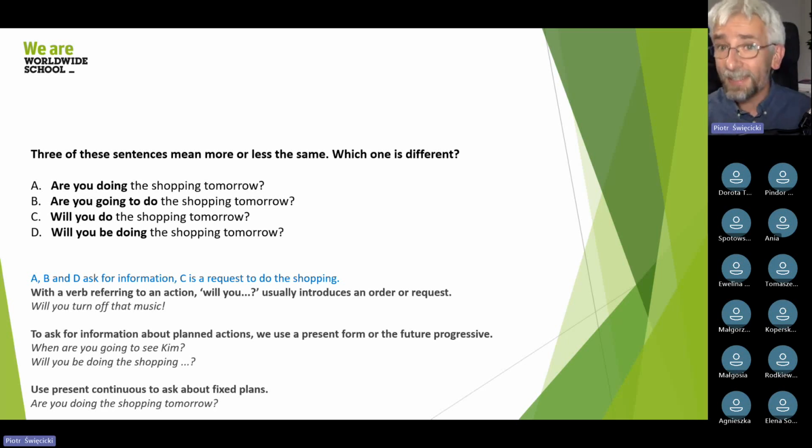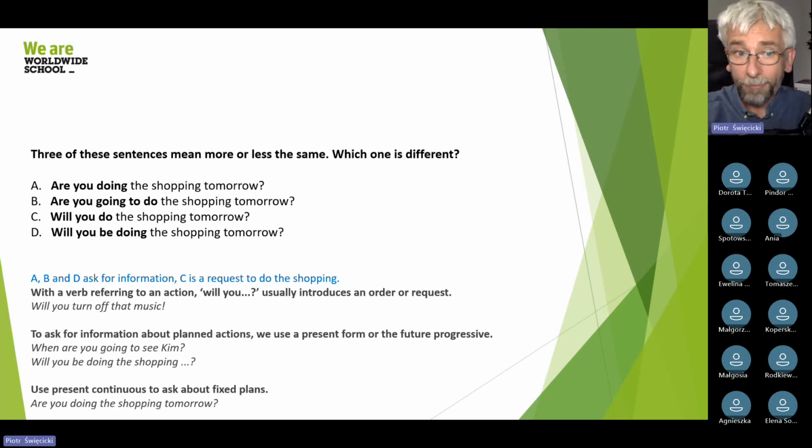Actually, it is C. So A and B and D, they ask for information, right? And C is a request to do the shopping. Will you do the shopping tomorrow, right? So, yeah, here's a little explanation and some more info about this.